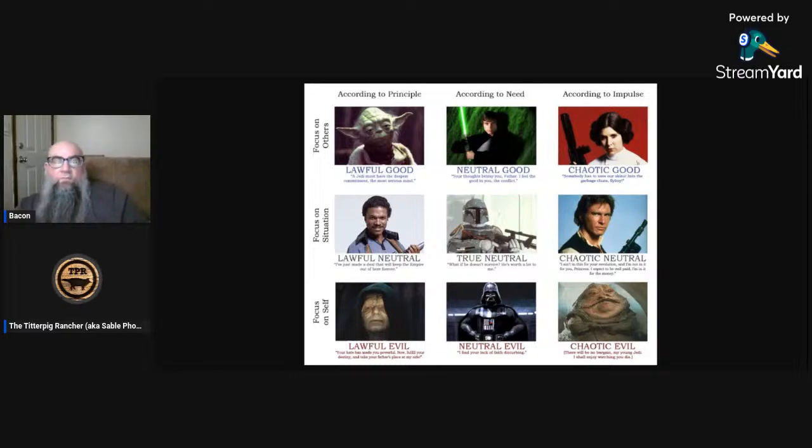So learn and understand this chart, and you will be able to run any D&D game. OSR, BECMI, 5th edition, 3rd edition, even 4th edition, because they still have the alignment chart, 2nd edition, whatever edition you want it to be, or any spin-off of D&D. And you'll be able to run a successful campaign if you apply this set of boundaries.